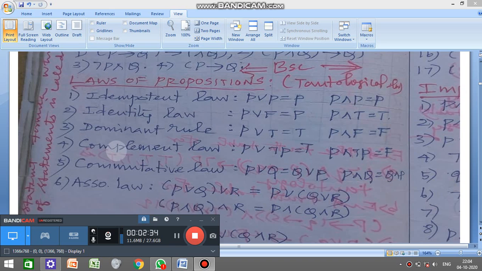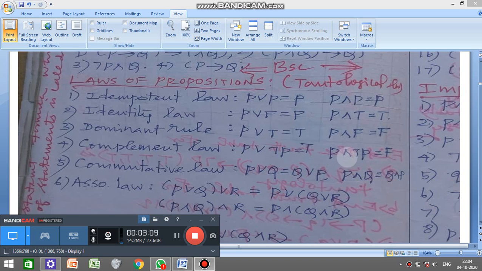The fourth law is the complement law, which says that if P and its negation of P are connected by OR, then the truth value is true, a tautology. Whatever may be the truth value of this proposition, OR with the negation of P, the truth value will be a tautology.